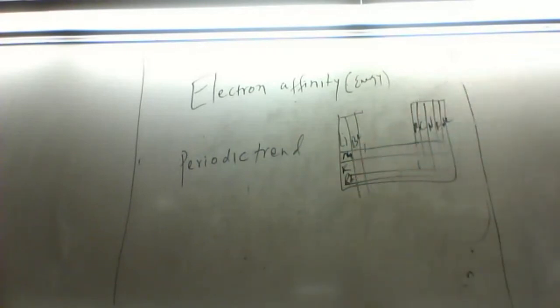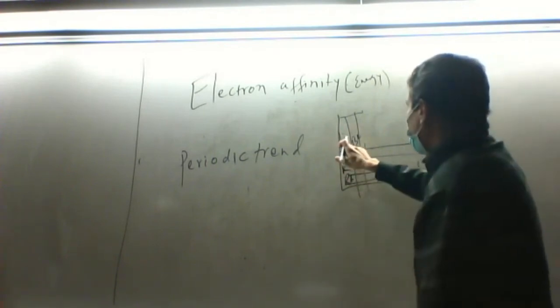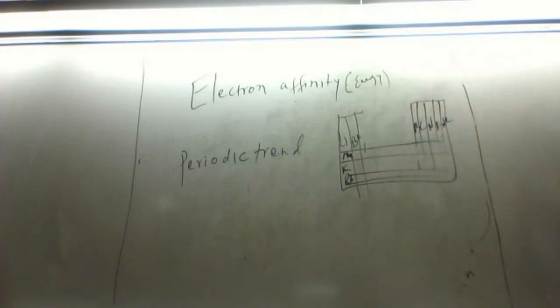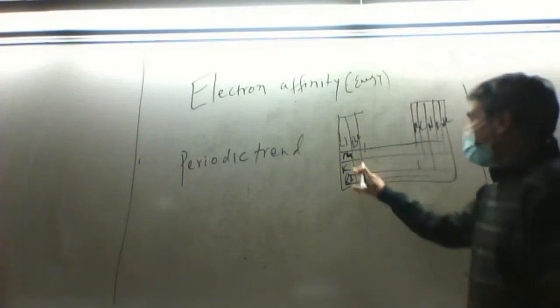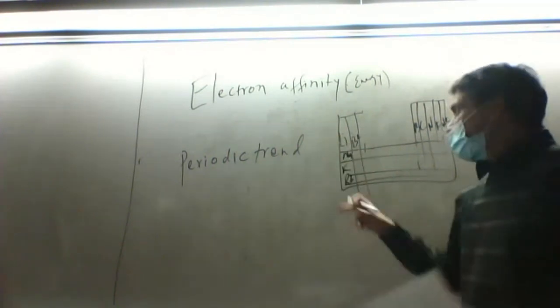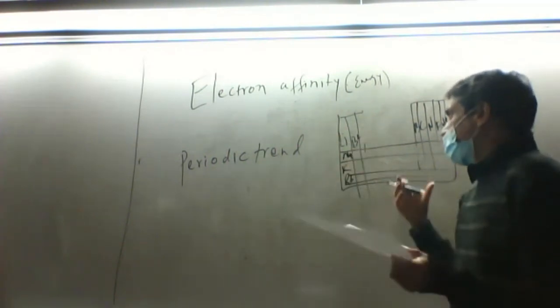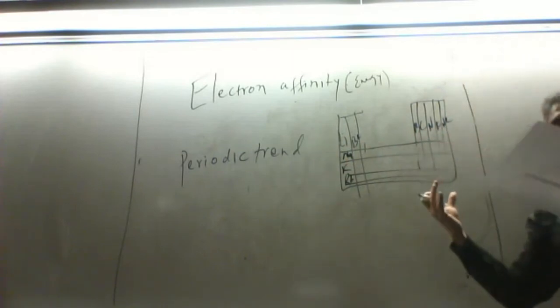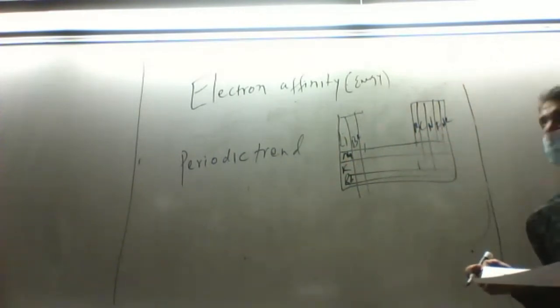So we need to look at how the electron affinity energy varies. Going from here to here to here, does it become more, or does it become less? Meaning, does this guy want to accept the incoming electron more easily, or these are the guys who want to accept the incoming electron easily?